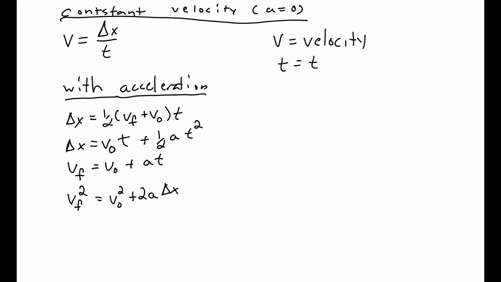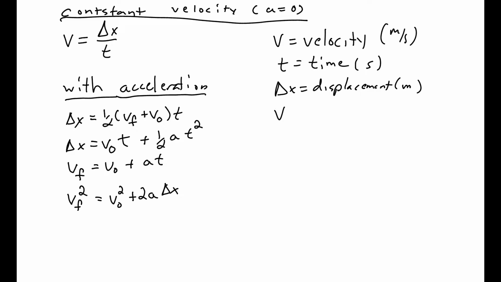t is time. It's measured in seconds. Delta x, distance or displacement, measured in meters. Vf, final velocity, measured in meters per second.